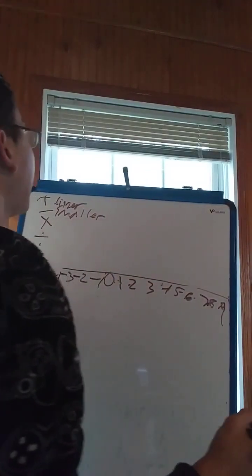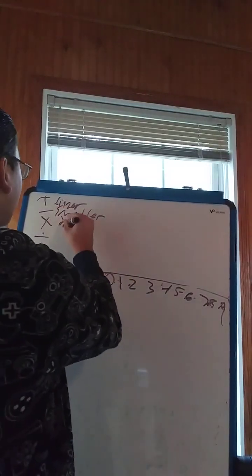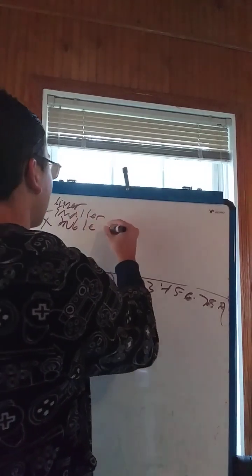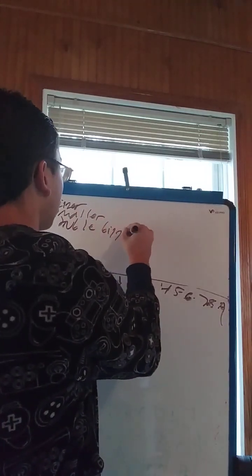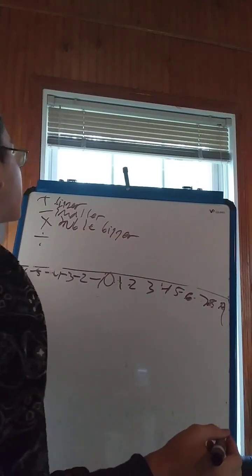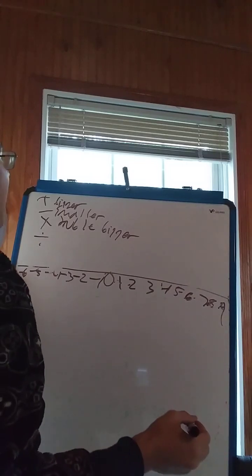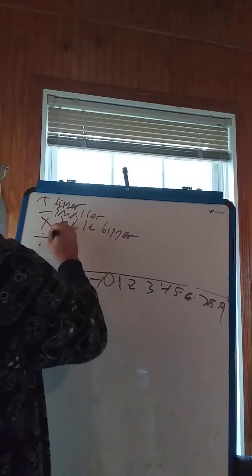Multiplication is double addition, so you're getting double bigger. And division is another form of multiplication, but it is the in-between backwards multiplication.